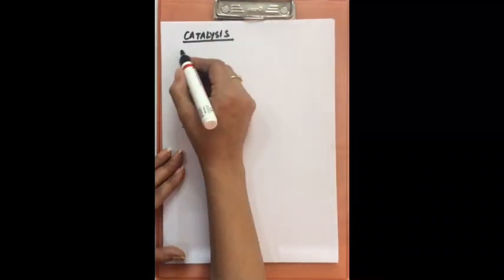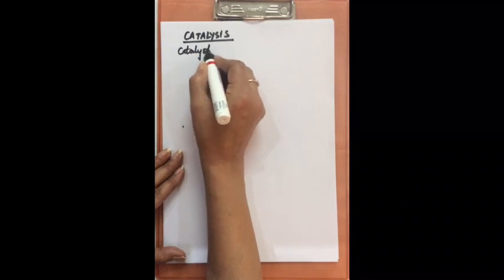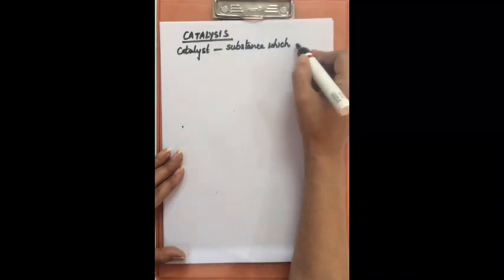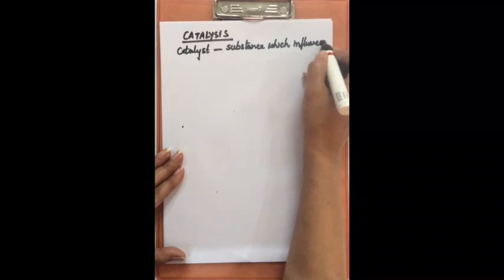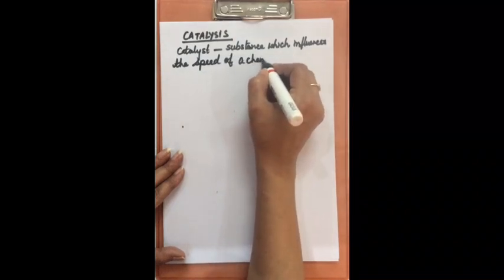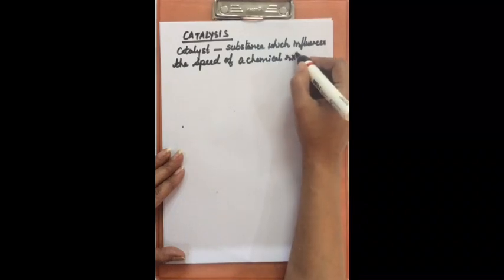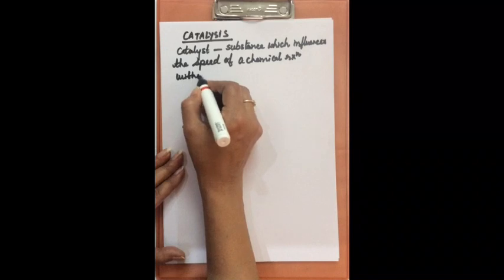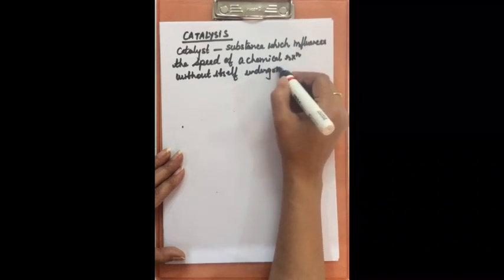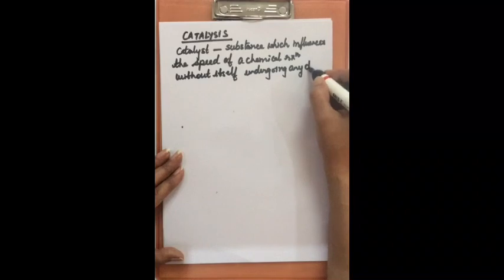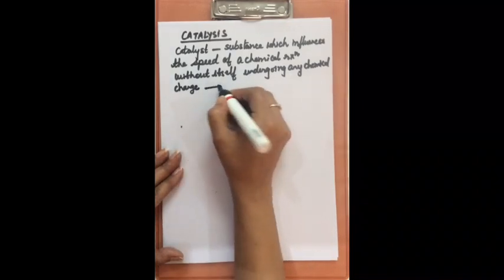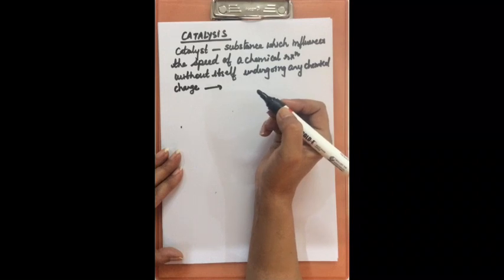A catalyst is a substance which influences the speed of a chemical reaction without itself undergoing any chemical change, and is recovered as it is at the end of the reaction.